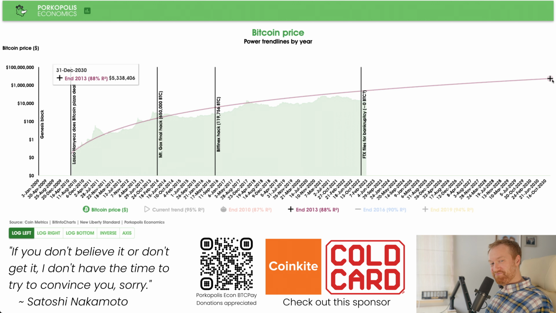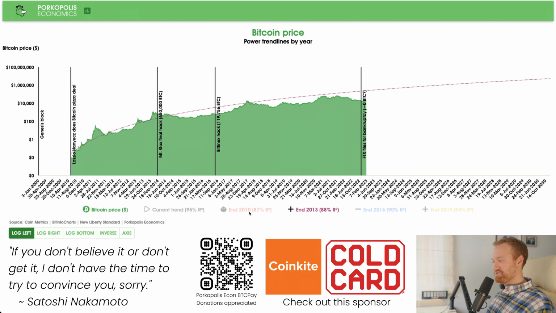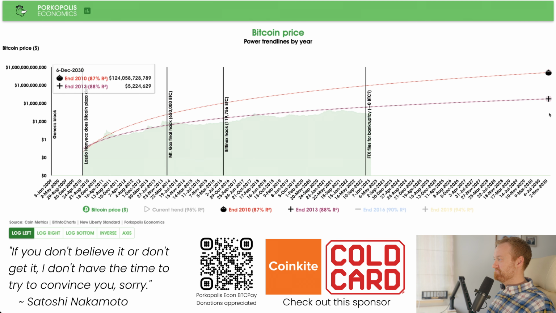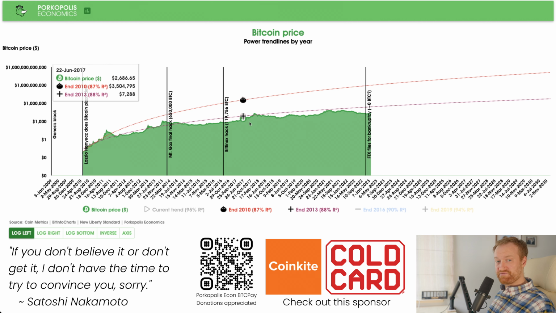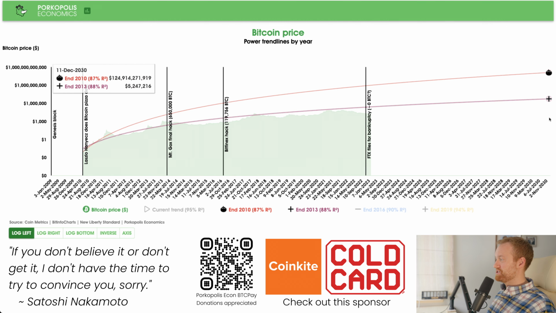Much more reasonable, actually, compared to, let's just throw on the tomato trend line, the 2010 great year trend line, $128 billion versus $5 million. Seems like quite a jump. The 2013 trend looks much more realistic. Even though we haven't hit that since 2017, this trend line is certainly much more realistic than the tomato trend.